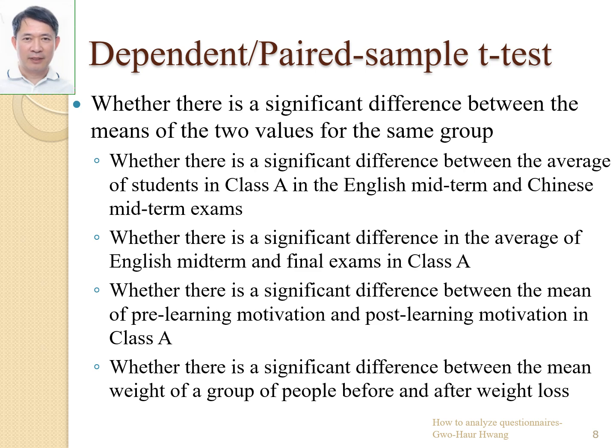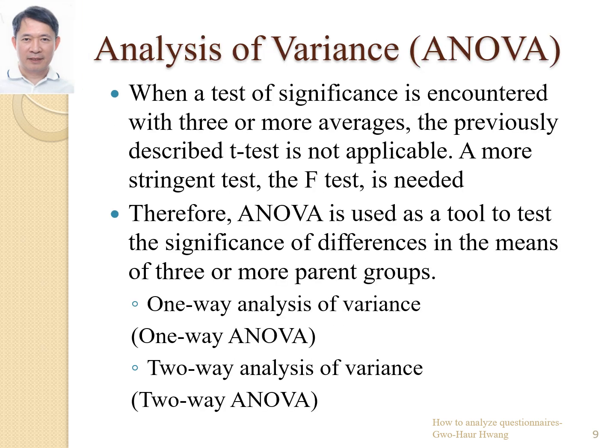For example, whether there is a significant difference between the mean scores of English midterm exam and Chinese midterm exam in Class A, where everyone in the same group of students has 2 scores, or whether there is a difference in motivation before and after learning in the same class, where everyone in the same group of students has 2 motivations, or whether there is a difference in weight loss before and after weight loss, where everyone in the same group of students has weights before and after weight loss. So, these are all dependent or paired sample t-tests.